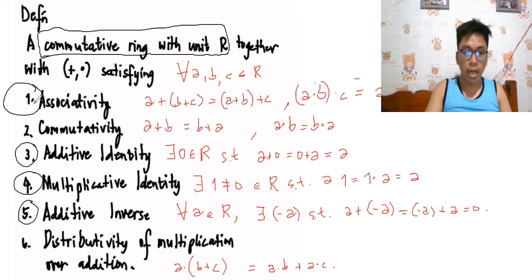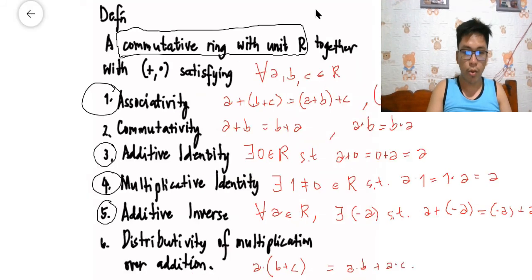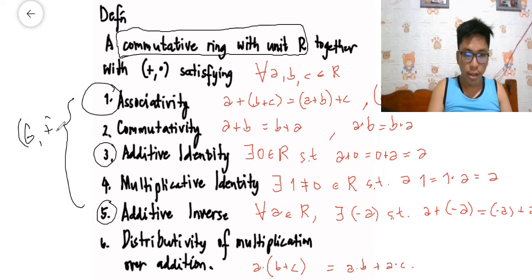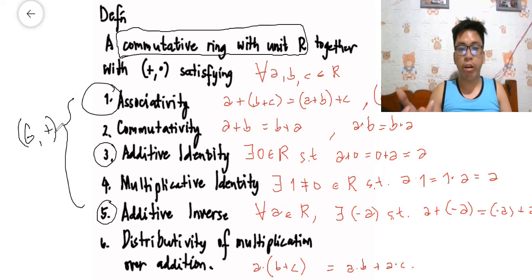So technically, let me just erase these 4 here. The 1, 3, and 5 here are actually talking about the group defined by class. So basically, one requirement of having a set to be R is that it should be associative. It should have an identity with respect to addition, and it should have an additive inverse.